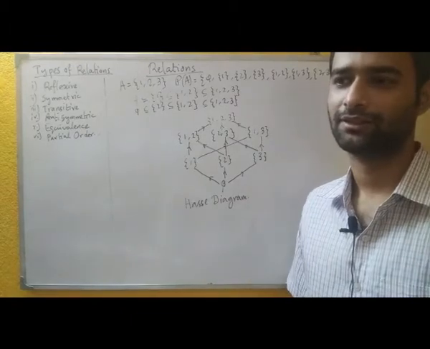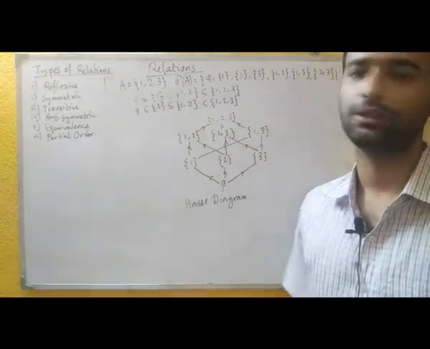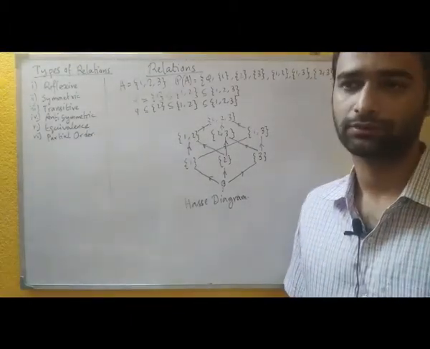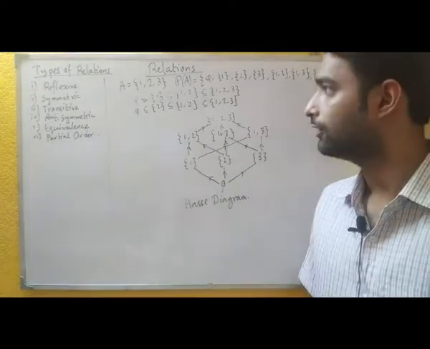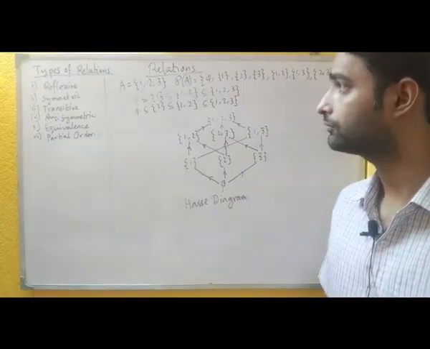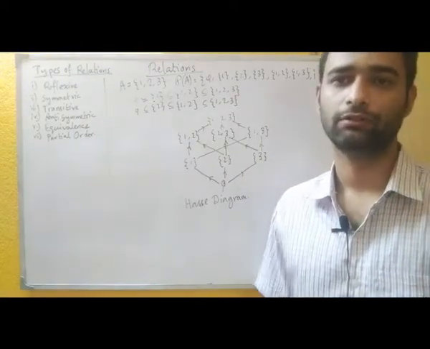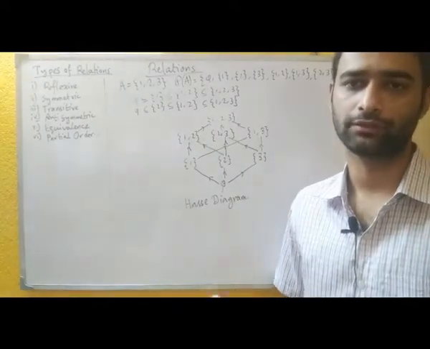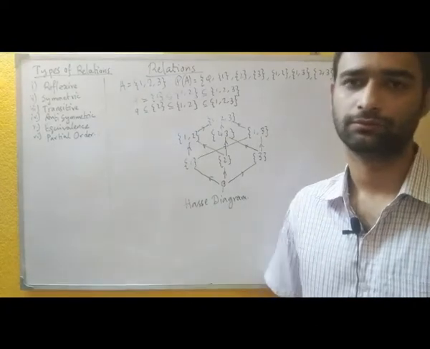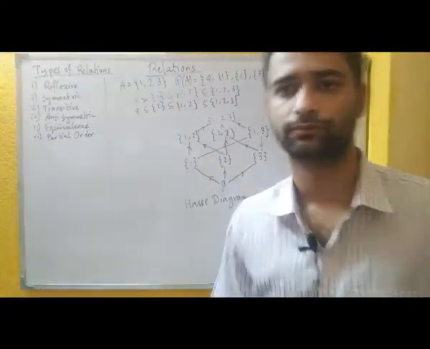I am saying it last because I want you to see these topics because they are interesting. So here we end this video for relations. In a separate video, we will do some problem solving on relations. So that's all for now.